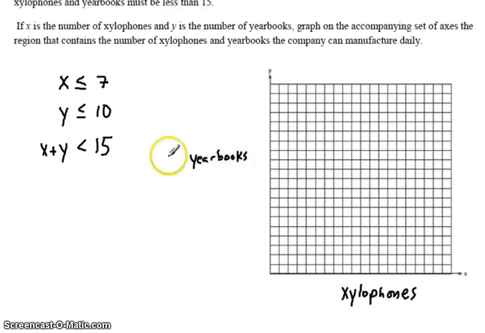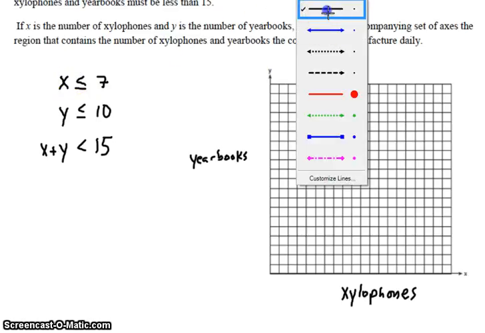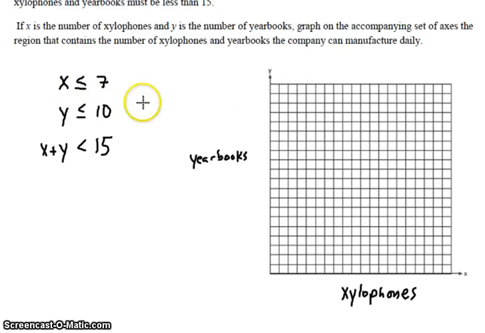Okay, X is less than or equal to 7. That's going to be a solid line, and it's a vertical line because it's X. So I'm just going to count to the right 7: 1, 2, 3, 4, 5, 6, 7. And draw my line, filling up the whole graph. I'm going to label that X equals 7.